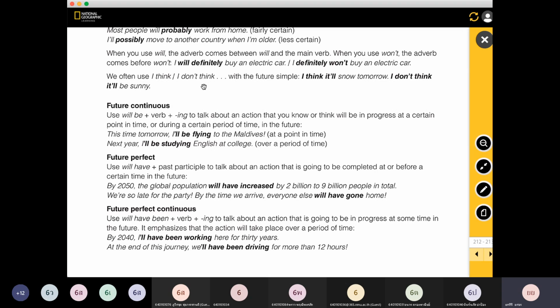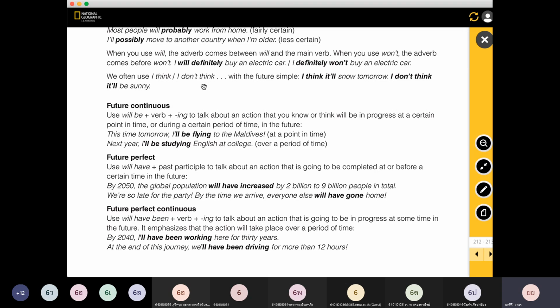Okay, and the third one is the future perfect. As you know, the perfect is about something fulfilled.